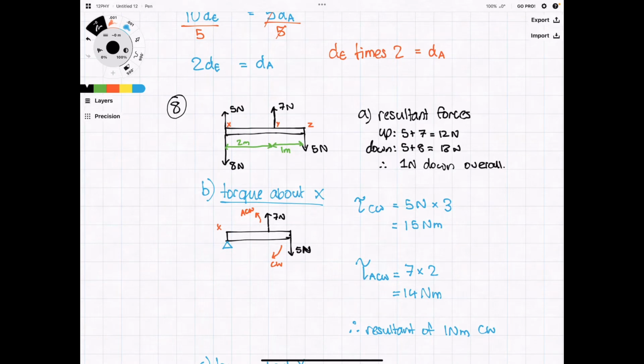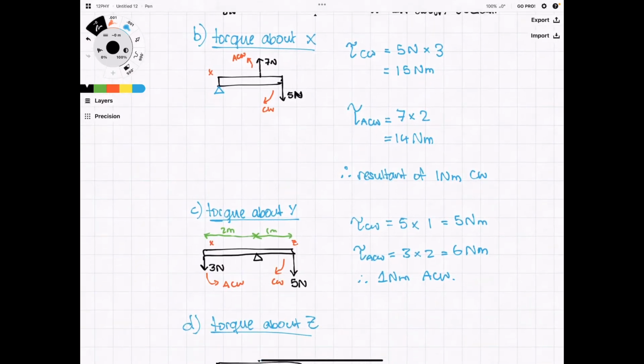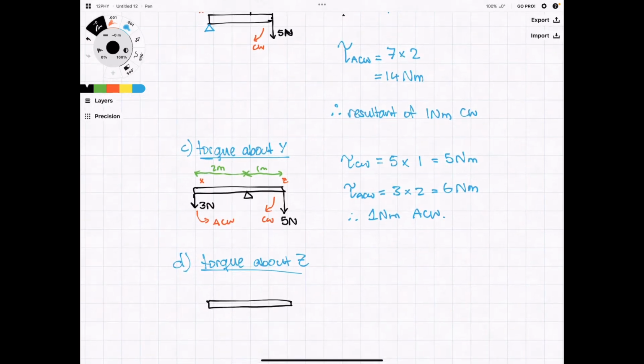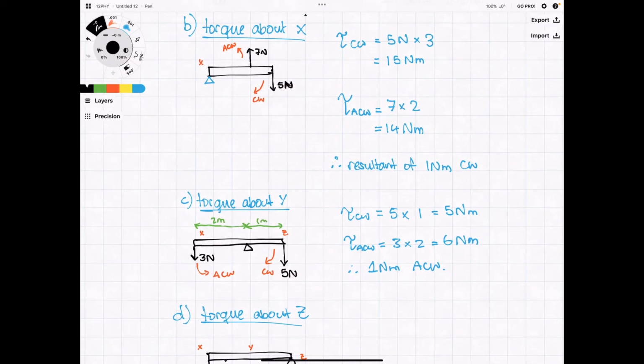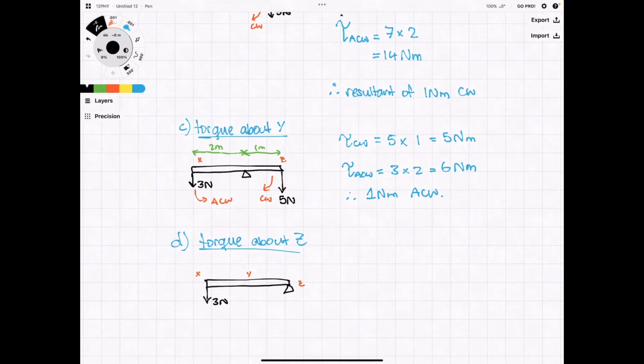So we need our 7 Newtons and our 5 and our 8 again. All right, so our pivot's over here at Z. We've got X over here, we've got Y over here. We know over at X, the resultant is 3 Newtons down, and at Y, we know that there is 7 Newtons going up. It's a bit longer, 7 Newtons going up.